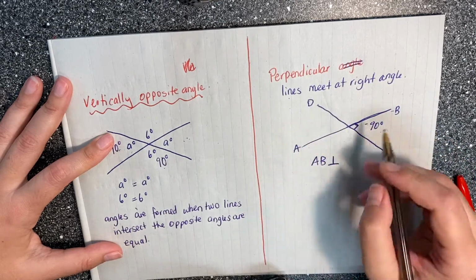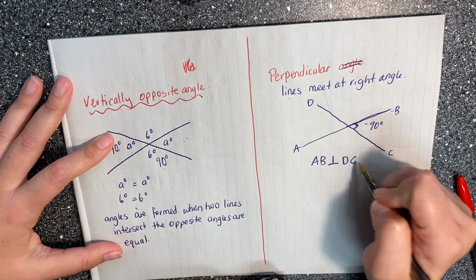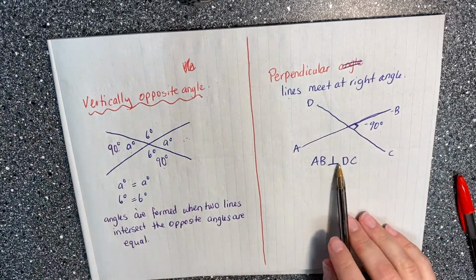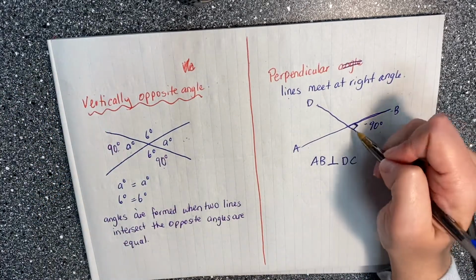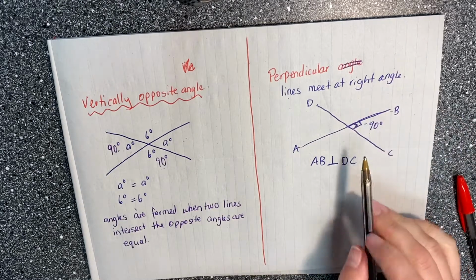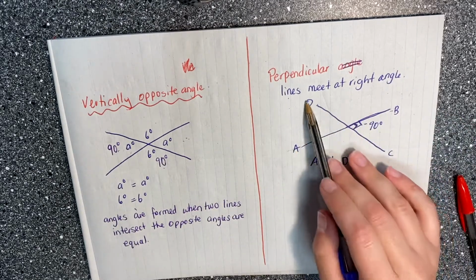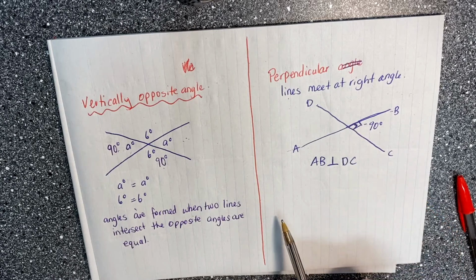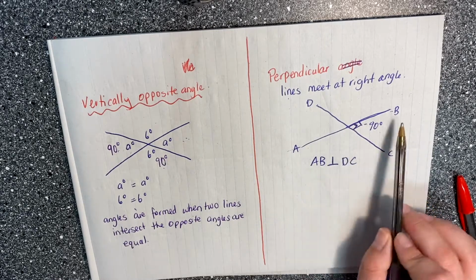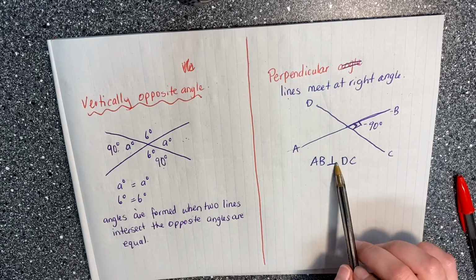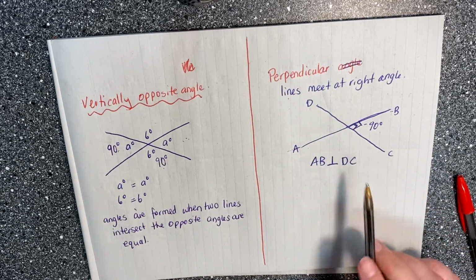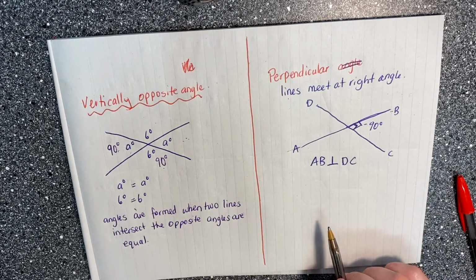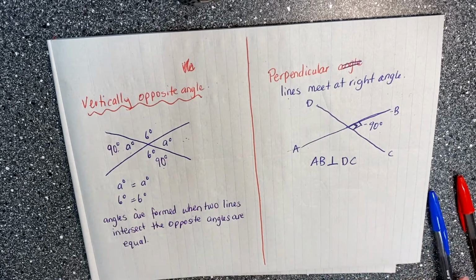So A and B is perpendicular, 90 degrees to this line. When these two lines cross over, they're meeting at a right angle. That's all that's saying. So when line A and B crosses with D and C, it forms a perpendicular angle.